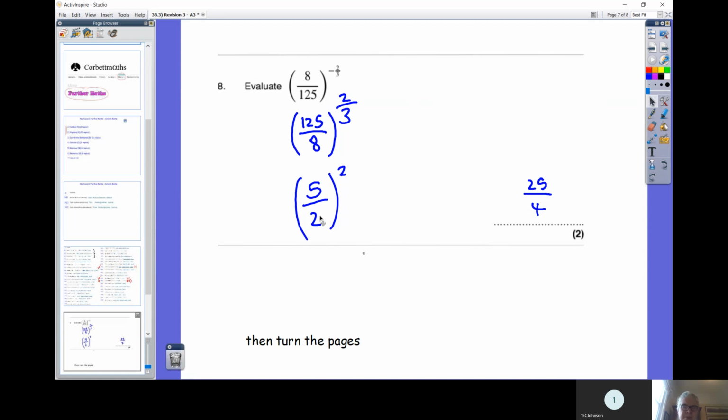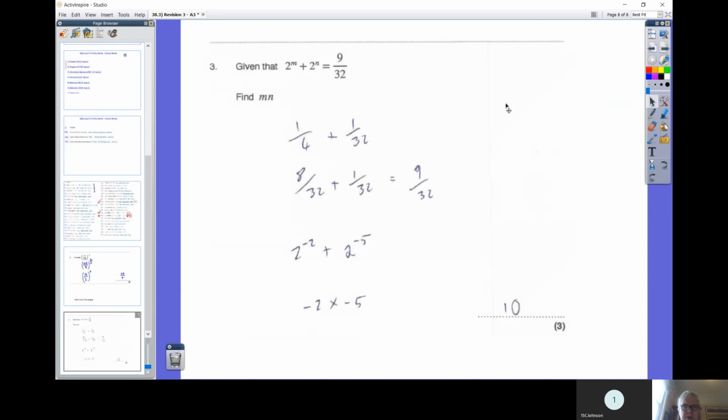Now, the other one I've picked out because I thought it was particularly difficult, and not really relevant if you're just going through to IGCSE, but for those of you thinking of doing A-levels, I thought that question 3 was very tricky, okay? You really had to do this almost by trial and error, but you had to pick up that we're dealing with 32nds here, with something over 32.